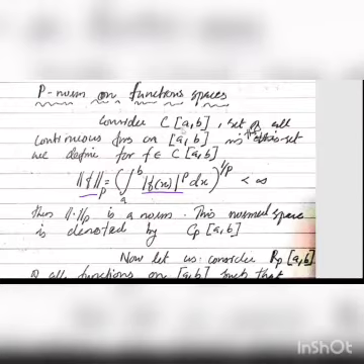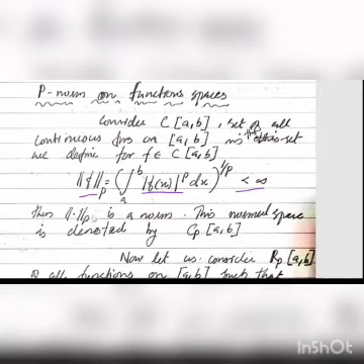Now this is a continuous function and we are having the integral from a to b. So the norm is defined as the norm of f with respect to p is the integral from a to b of mod of f of x raised to p dx, raised to 1 by p, which is finite. It should be finite.